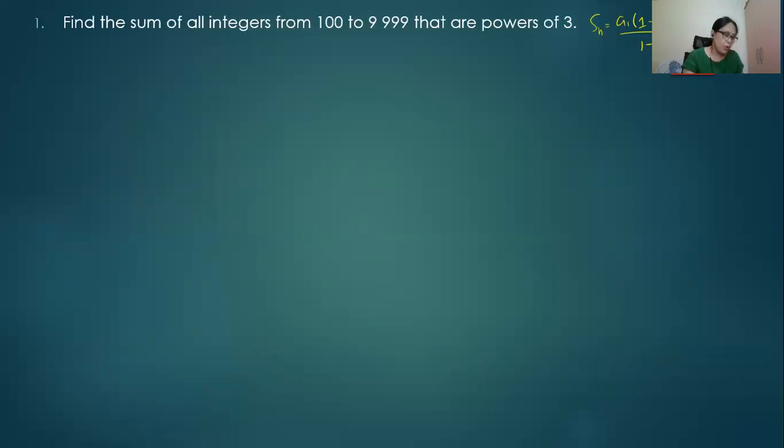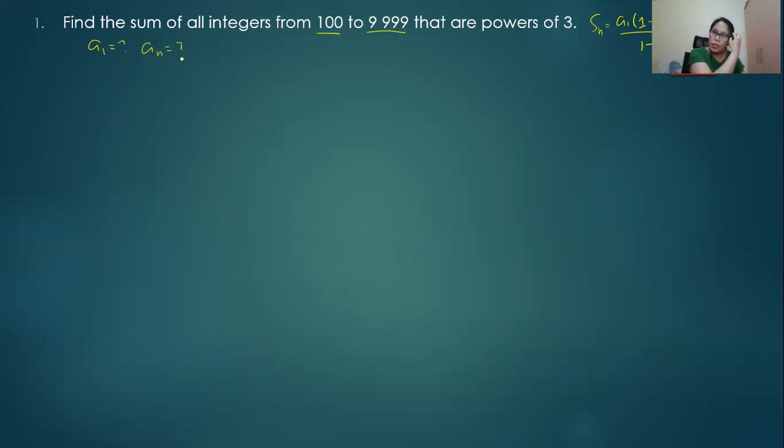Okay, so we're going to solve for the sum of integers from 100 to 999 that are powers of 3. When we say power of 3, we consider that the ratio is 3. So from this interval, we have to look for a power of 3. We have to identify a sub 1 and, of course, the last term, a sub n.